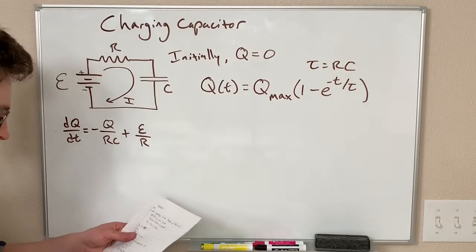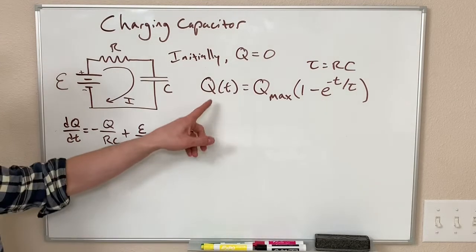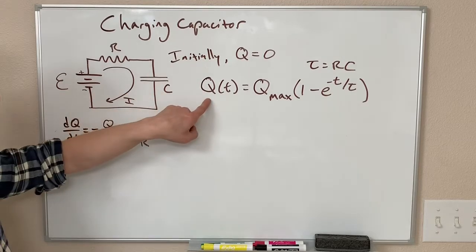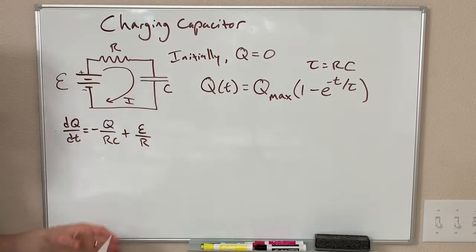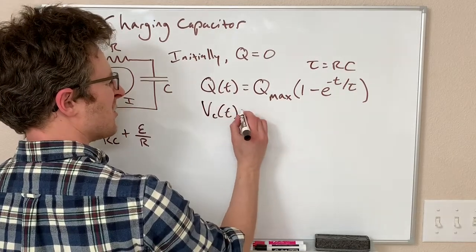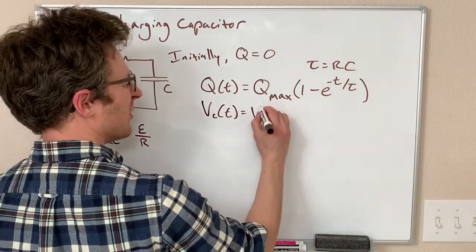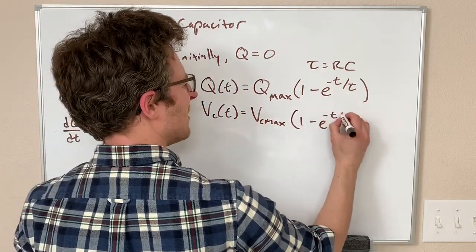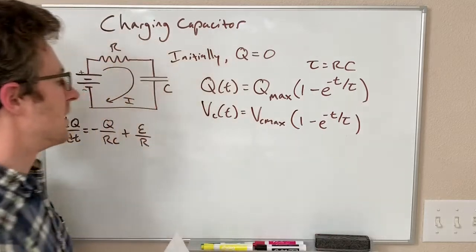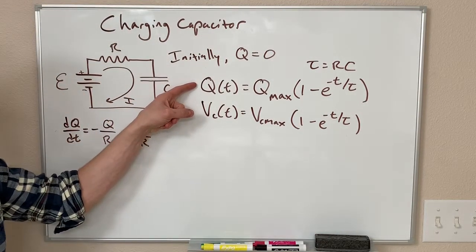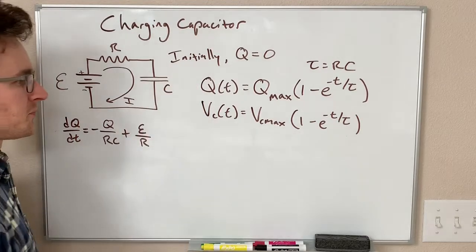And we're going to draw a graph of this in just a second. Before I do that, I also want to remind you that Q on the capacitor is directly proportional to the voltage. So the capacitor voltage as a function of time is equal to some max value times 1 minus e to the minus t over tau. Also, it is just this equation divided by the capacitance C on both sides.